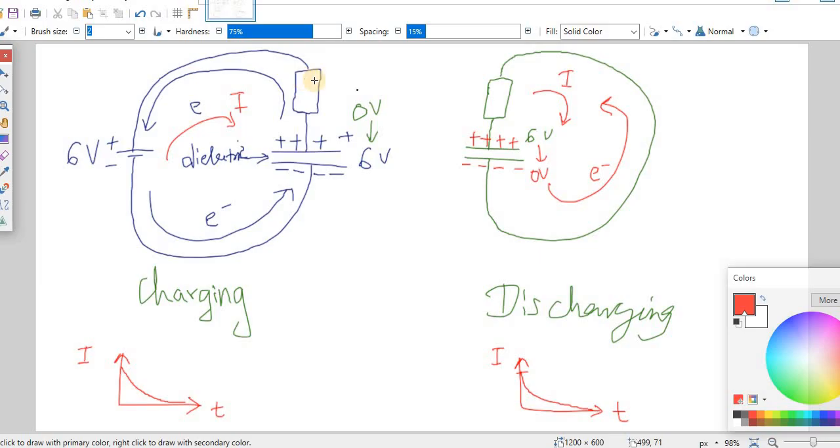Over here, remember, the potential difference across the capacitor increased from 0 volts to 6 volts, but at the same time the potential difference across the fixed resistor decreased from 6 volts to 0 volts. When the capacitor is fully charged, there is no current flow, so the potential difference across this is 0. In the beginning it was 6 volts and it dropped to 0 volts.